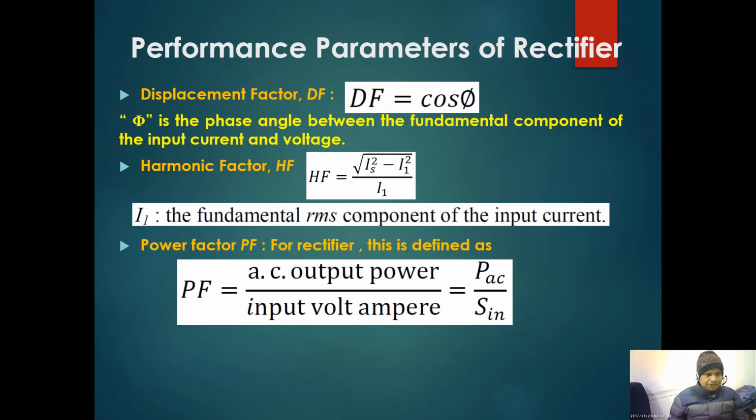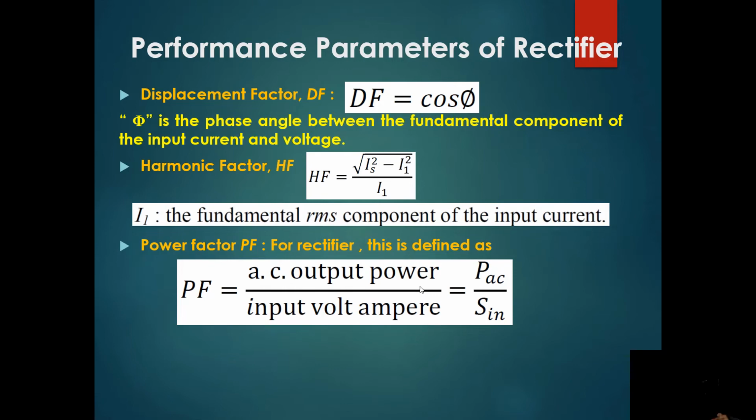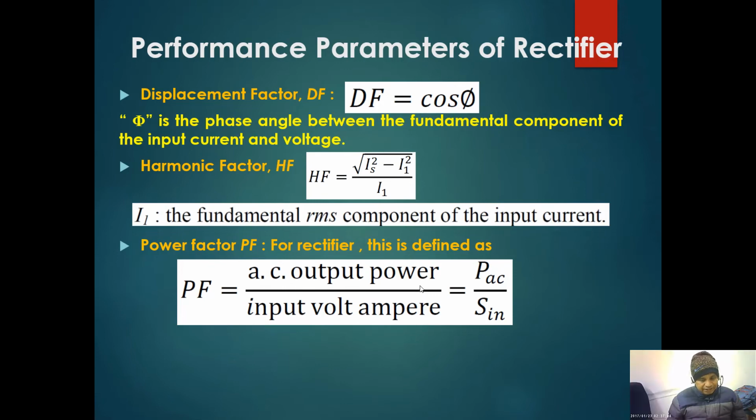That is called the displacement factor. And the harmonic factor is the square root of Is square minus I1 square, where I1 is the fundamental component of the RMS input current, divided by I1. So power factor is nothing but AC output power divided by the input volt ampere, Sin.